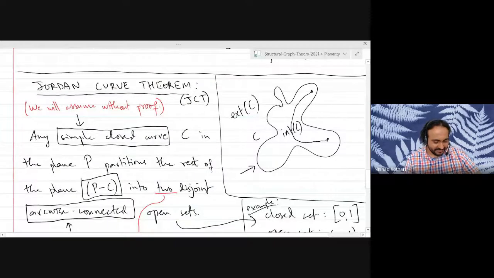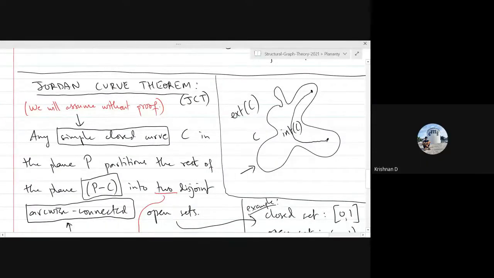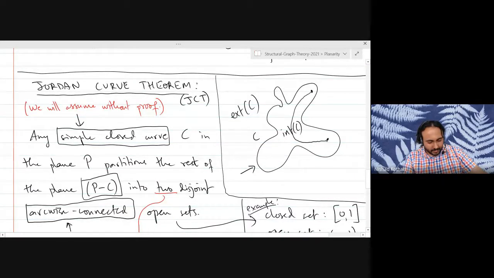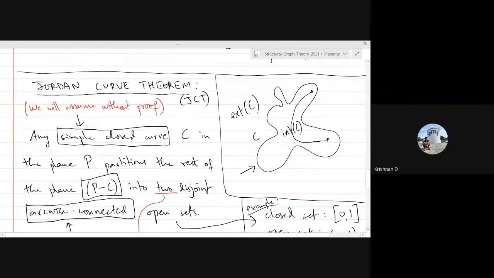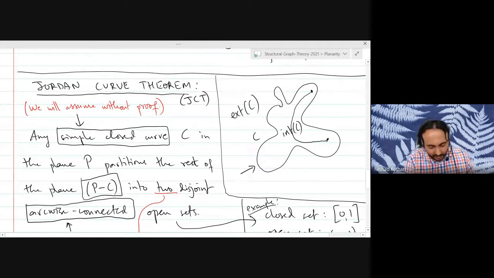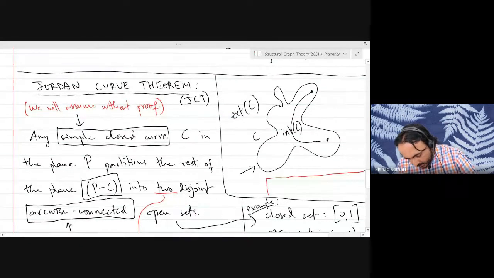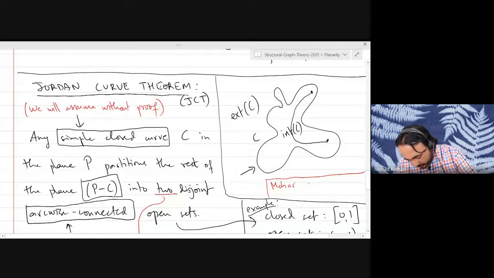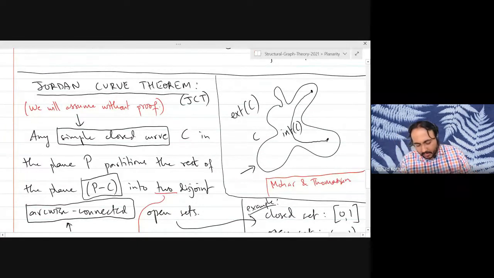Is there any reference which gives considerable weightage to the topological aspects of planarity? To topological graph theory, is that what you mean? Yes. If you're interested in topological graph theory, there is a book by Mohar and Thomason. It's the same Thomason who proved Thomason's theorem in the last module.